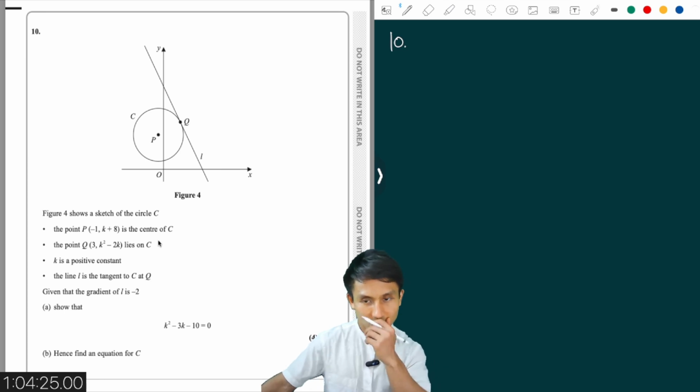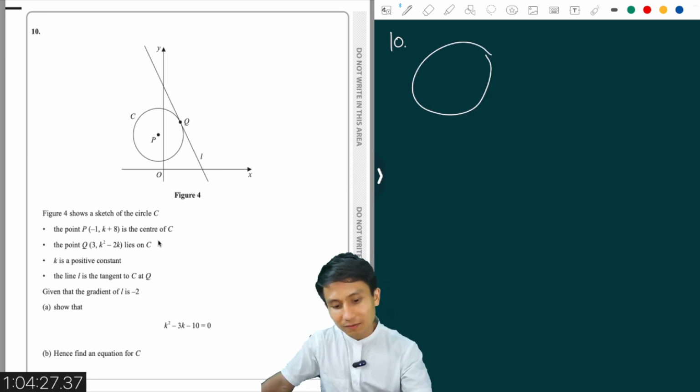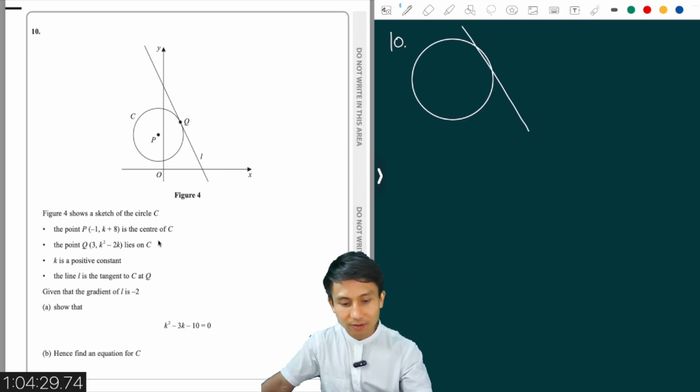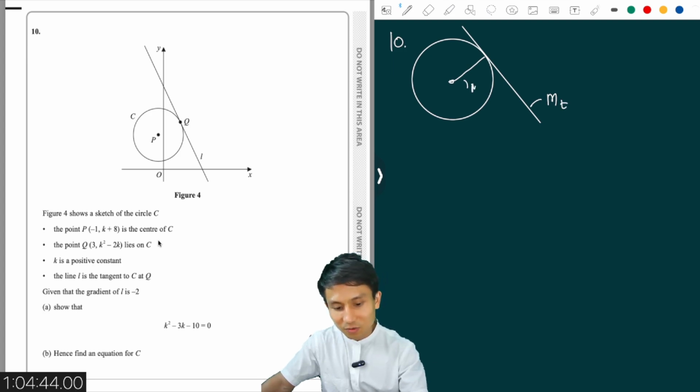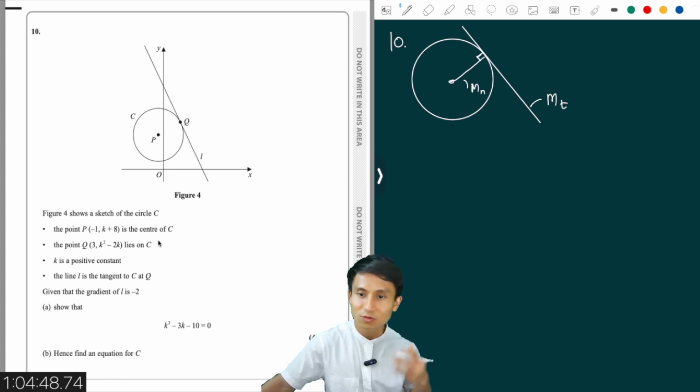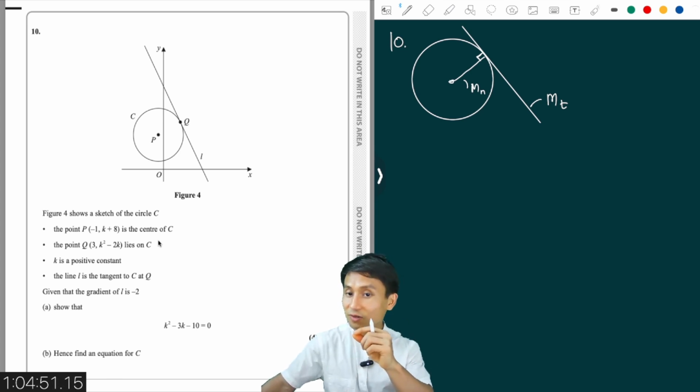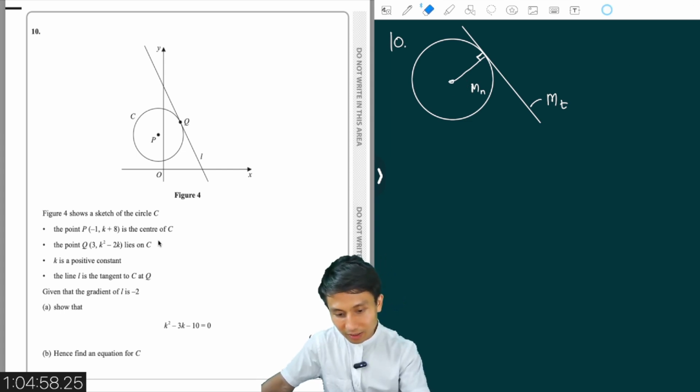All right, this is very classic for circle equations. When you have a circle and a tangent, and you know the gradient of the tangent, this is the gradient of the normal, because they have to be perpendicular according to the circle theorem: a line drawn from the center of the circle to the tangent is perpendicular.